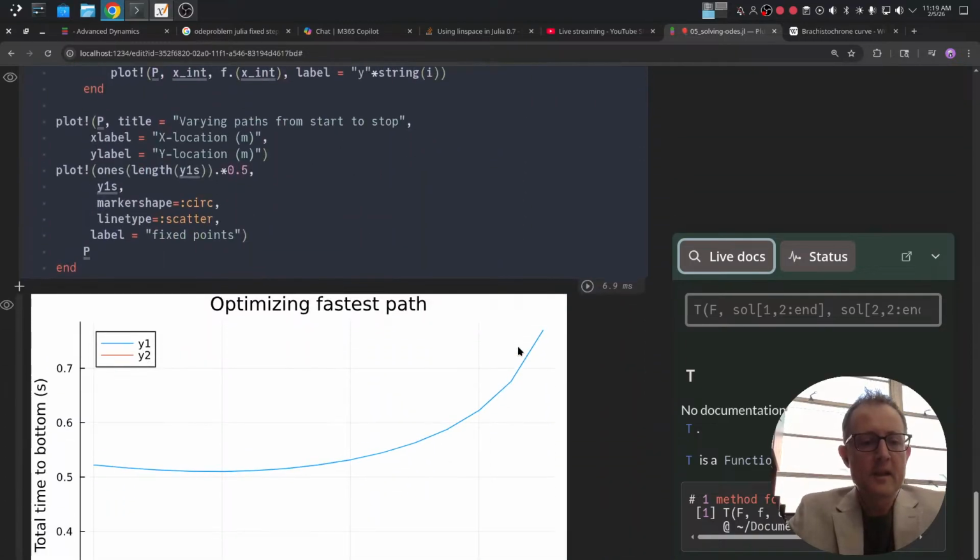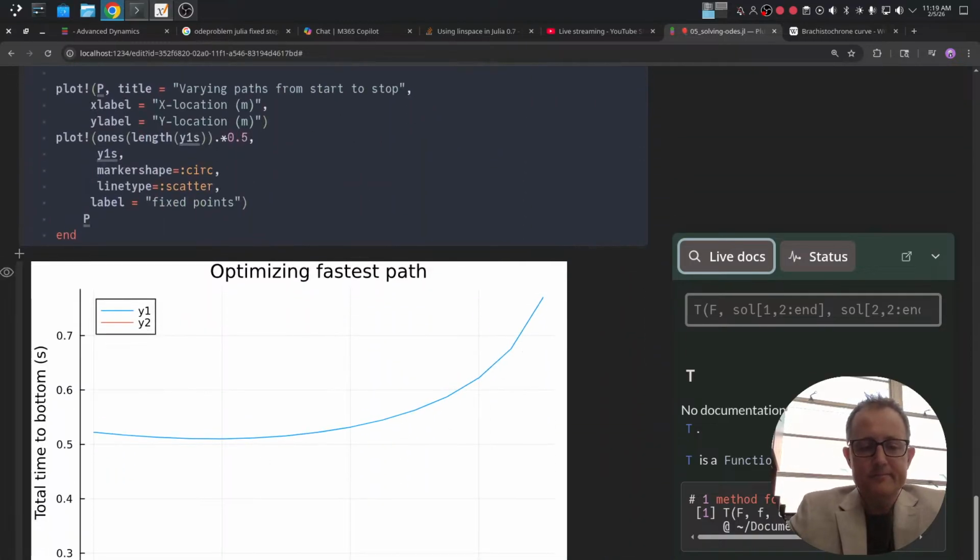Cool. And if you're like me, you might think, well, how do we know that this is the fastest? What we know from this is that this is the fastest smooth curve. If you have a continuously differentiable function, this would be the fastest way to get there.